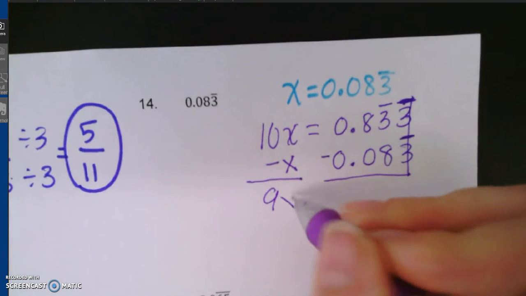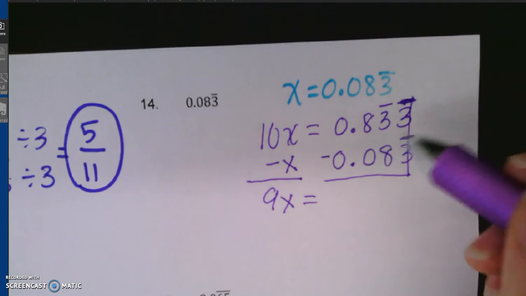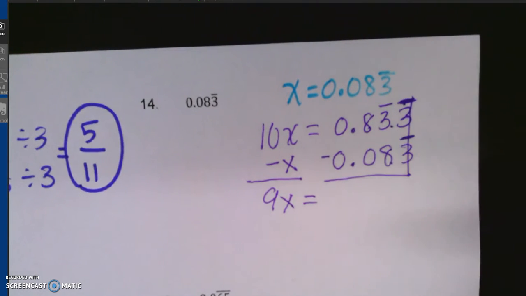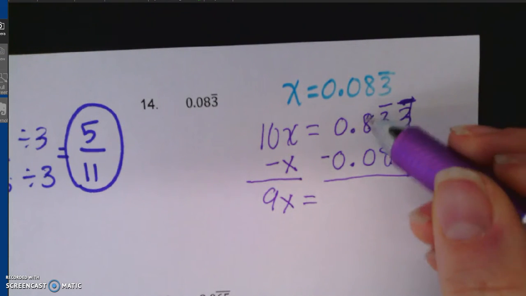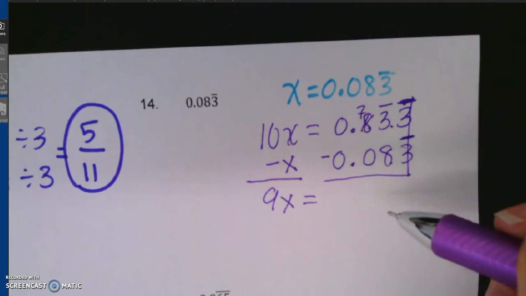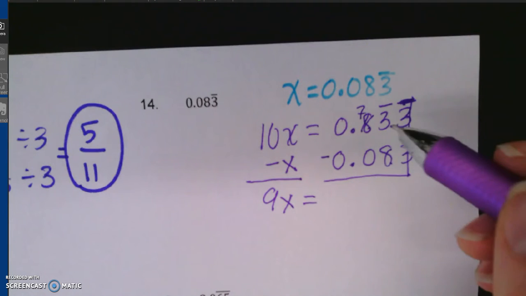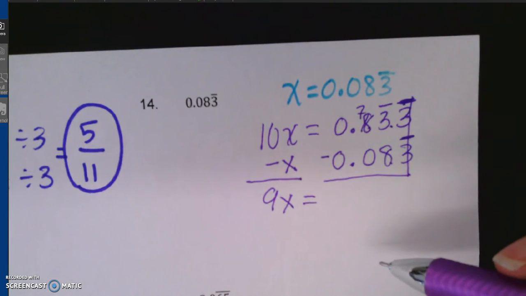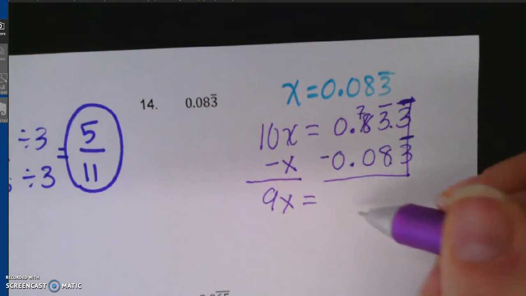So now you have 9x equals, well, this is just something like 83 cents take away 8 cents. You could borrow 1 from the 8, or you can think about you had 83 cents and spent 8 of it. If I had $83 and I spent 10 of it, I'd have 73. But I didn't spend 10, I spent 8, which is 2 less, which means that would be 75.